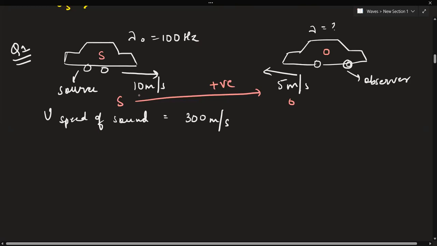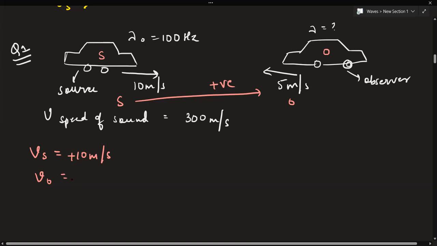All right. Now see, velocity of source will be plus 10 meters per second or minus 10? Plus 10 meters per second. And the velocity of the observer, plus 5 or minus 5 meters per second?